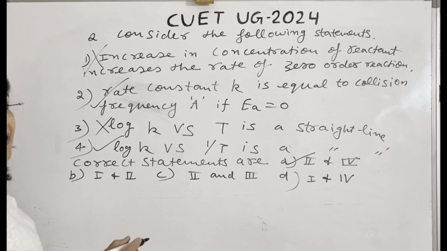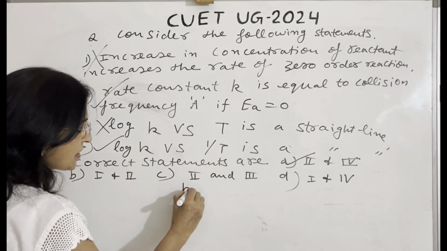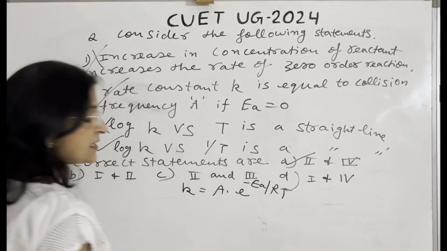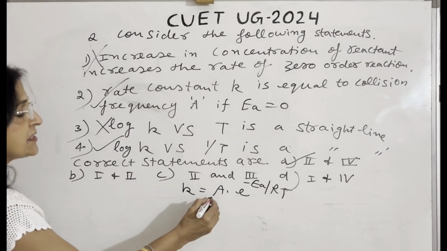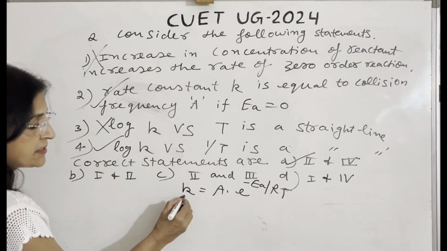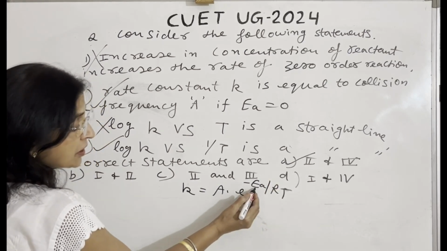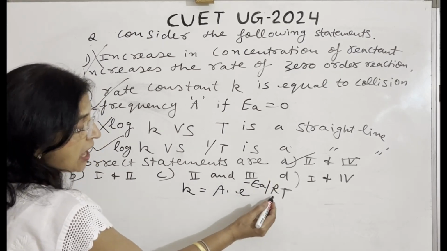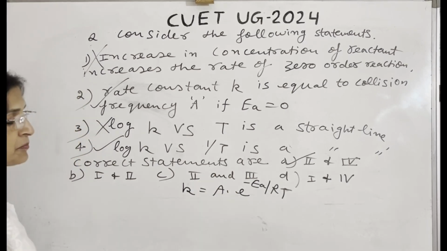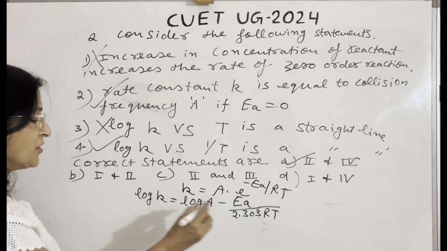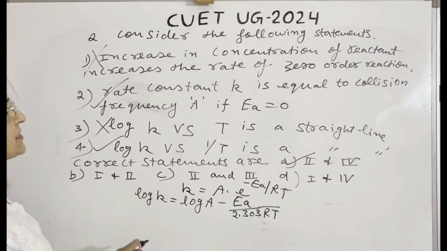First we will write the Arrhenius equation. K is equal to A e to the power minus Ea by RT. This is the Arrhenius equation. A is the collision frequency. K is the rate constant. This is the exponential function. Ea is the activation energy. R is the gas constant. T is the temperature. On taking log on both sides, the equation becomes this. Okay.